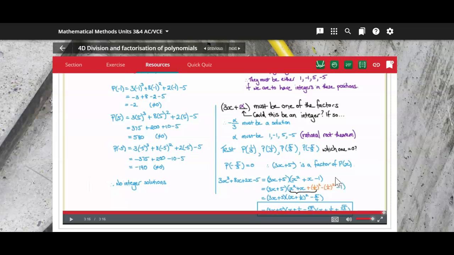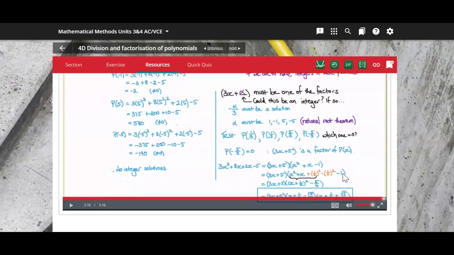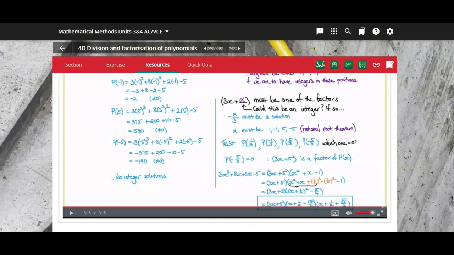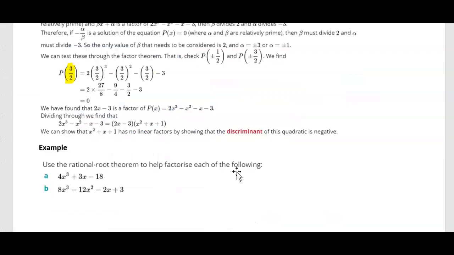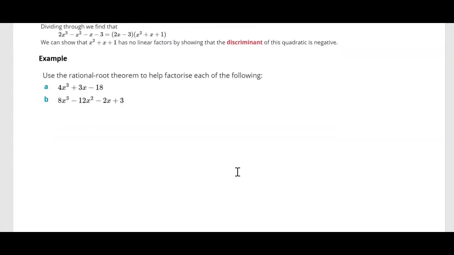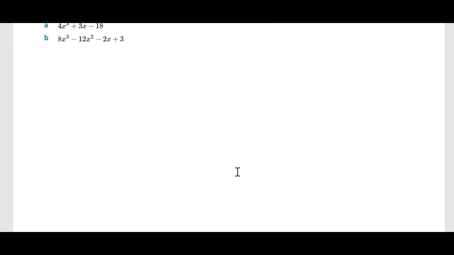I'll do the division with you. In the previous example I showed you, she did do the division, and then she just completed the square to find the factors. So let's look at an example together. I did question A by hand before, and that's a lot of work. So I'm going to try to do B as well on the same page.